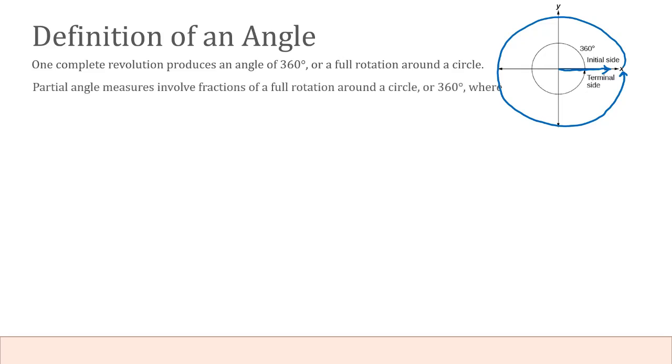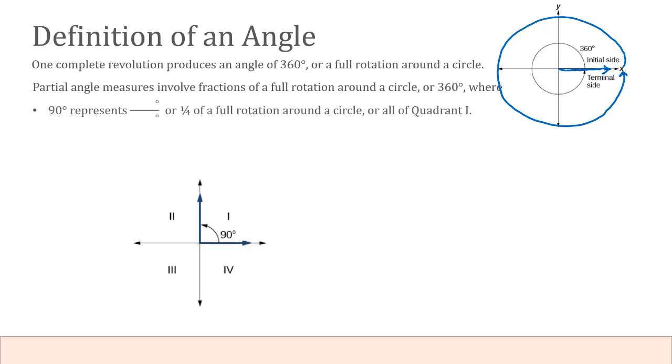But of course, maybe we aren't going to go all the way around, and that's where partial angle measures come into play. Partial angle measures are where our fraction work is going to happen, and we'll be doing lots of examples so that you can maybe refresh your memory. 90 degrees represents 90 degrees out of a total 360 degrees.